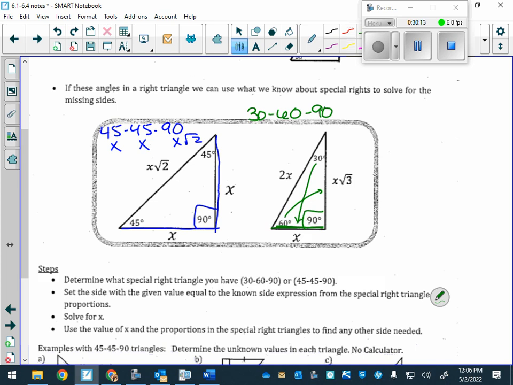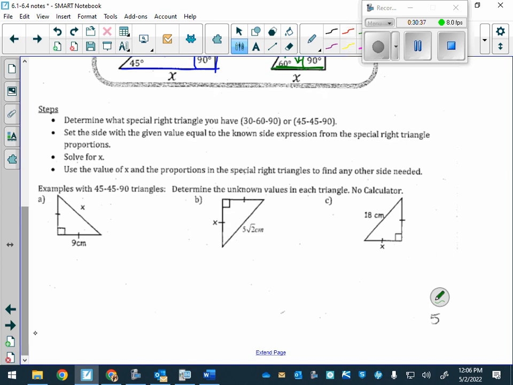And across from 90 is our hypotenuse, which is 2 times our smaller side length. So we have x root 3, and then 2x. Sometimes as you're going through this, labeling might help in terms of remembering what is what. We're going to start with 45, 45, 90 first.